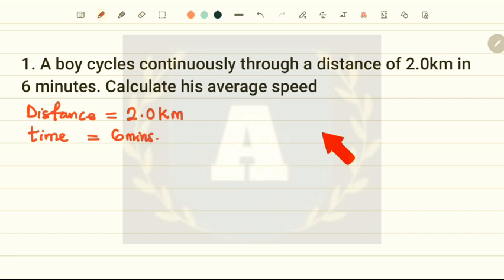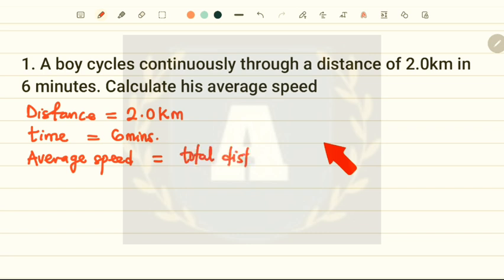We are asked to calculate the average speed, that is the unknown. Average speed is equal to the total distance traveled divided by the total time taken.